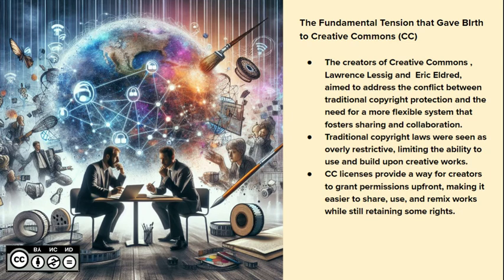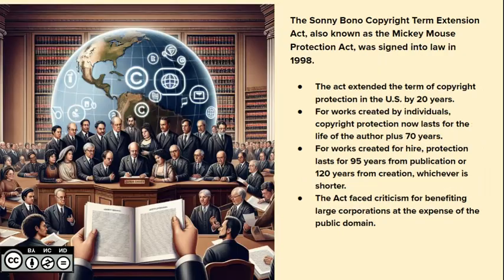The creators of Creative Commons saw the need for a more flexible system, one that fosters collaboration and sharing while still allowing creators to retain certain rights. CC licenses were developed as a solution, providing a way for creators to grant permissions up front, making it easier for others to legally share, use, and remix their works.